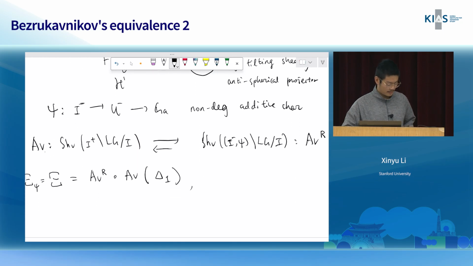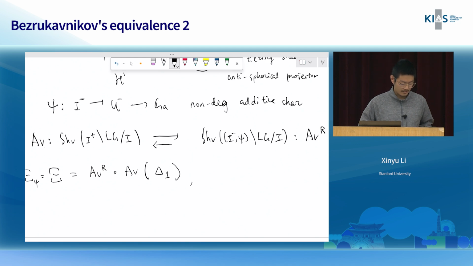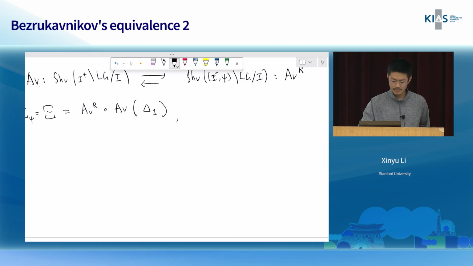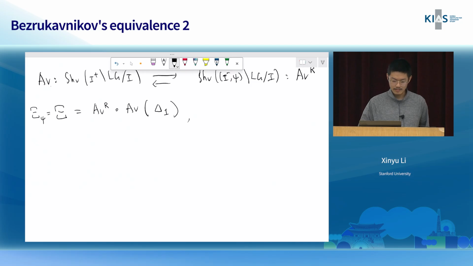Okay, and I have constructed this functor F. Sorry, it's from the spectral side. Then I can take the right adjoint.